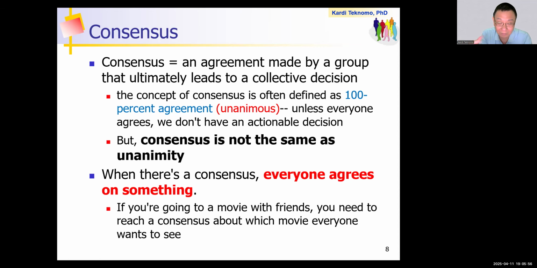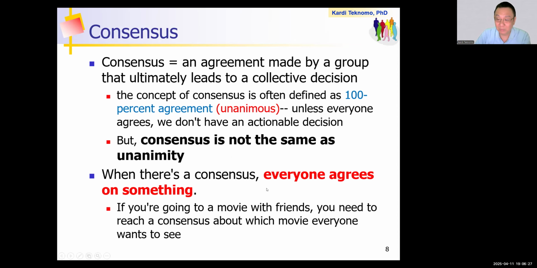But for 3 days and 3 nights, we discussed the same thing, and we could not make an agreement. Eventually the Congress failed to create an agreement. Why? Because they didn't go for consensus. They wanted unanimity.